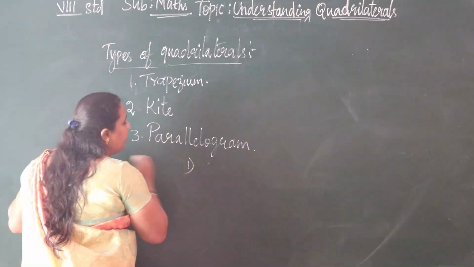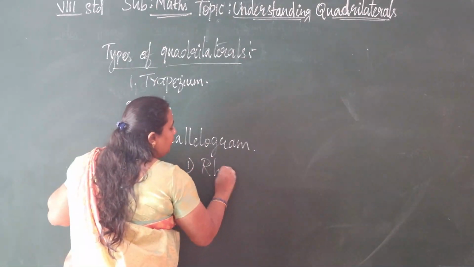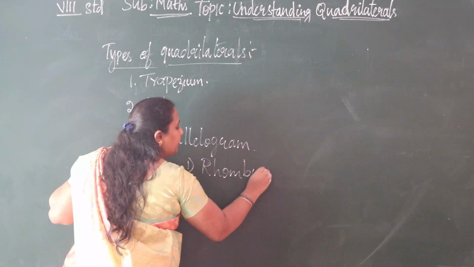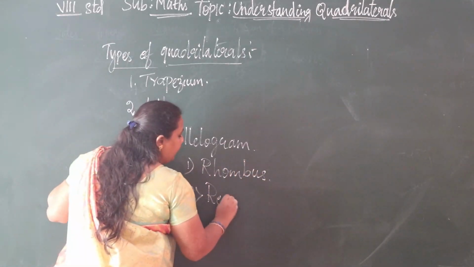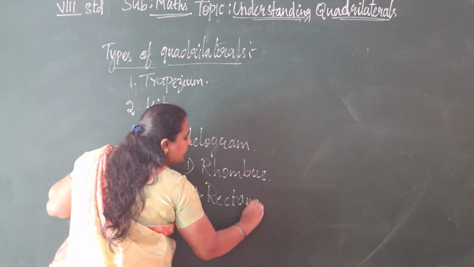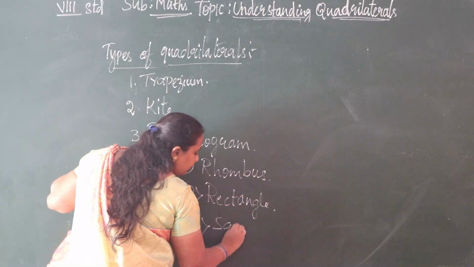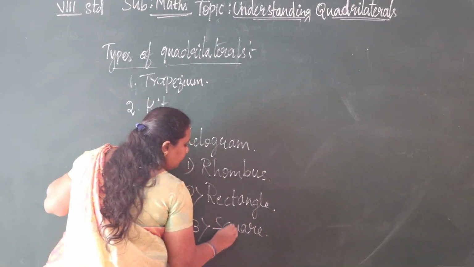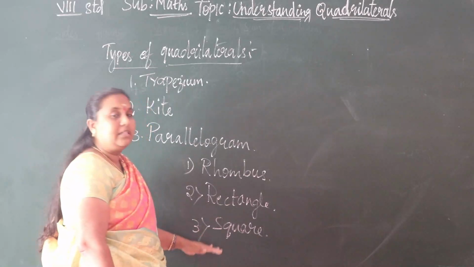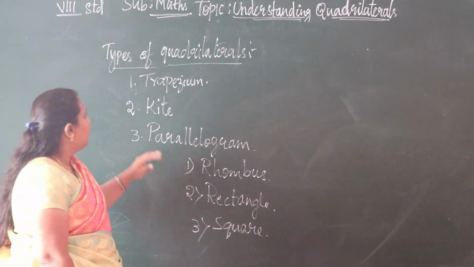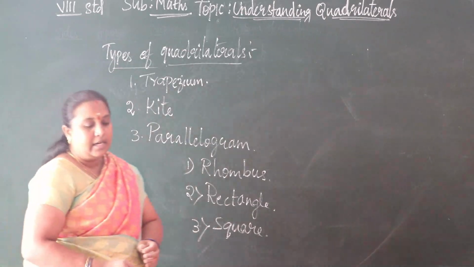The first one is rhombus, the second one rectangle, and the third one square. Rhombus, rectangle and square. So these are the types of quadrilaterals in your textbook.